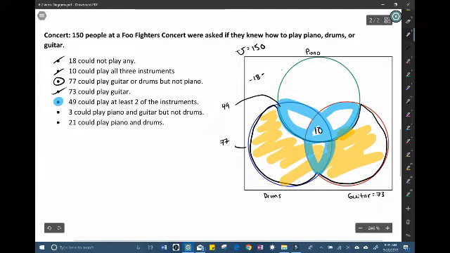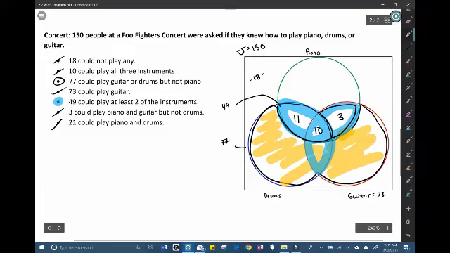Piano, guitar, not drums would be here. 21 could play piano and drums. And means we're looking at a football piece. 21 piano and drums. That means this must be 11. It does not say they can or cannot play guitar, so we assume they can.